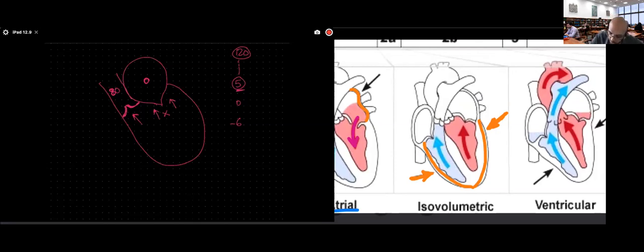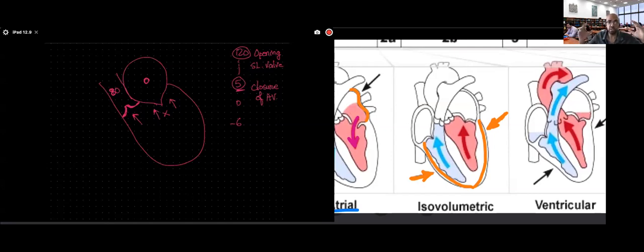So between the closure of the AV valve and the opening of the semilunar valve, would I be able to move the blood out?